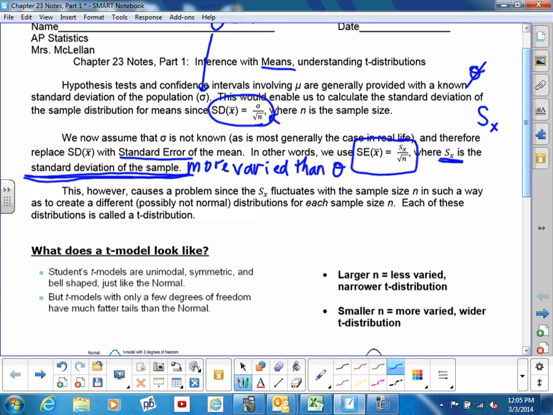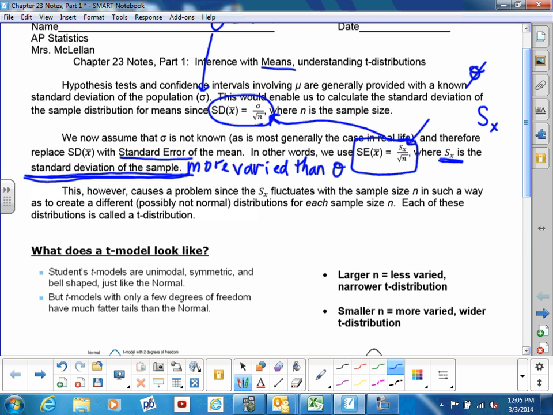But it is just like the ones that we have already computed in Chapter 18, but it's using the standard deviation of the sample right there on top. Okay, so that's what we're dealing with when we do means. We have to address the fact that there is more variation because they don't have a standard deviation of the population.